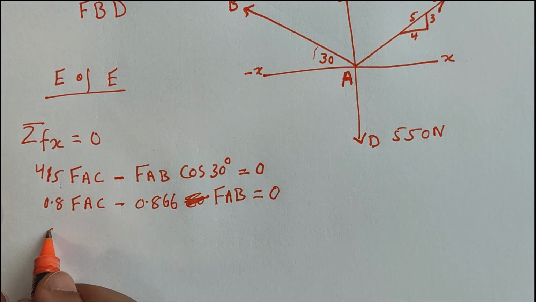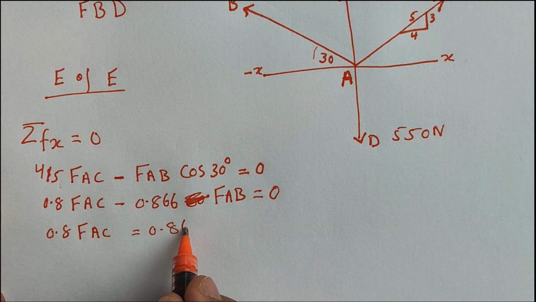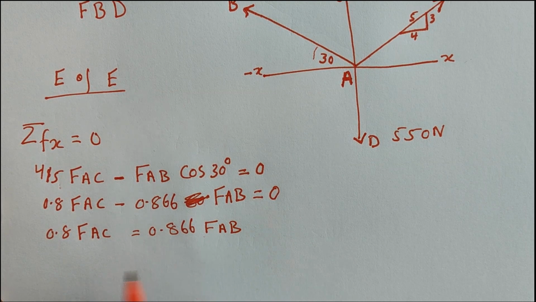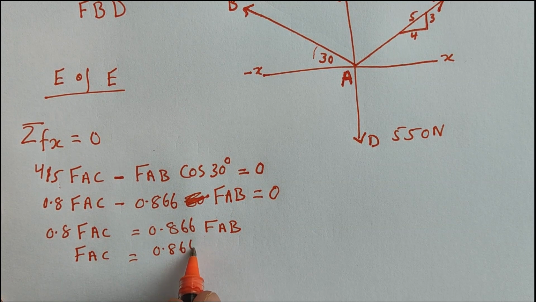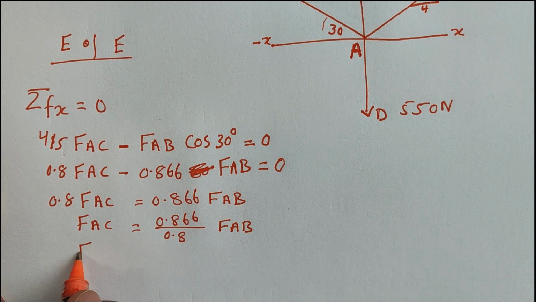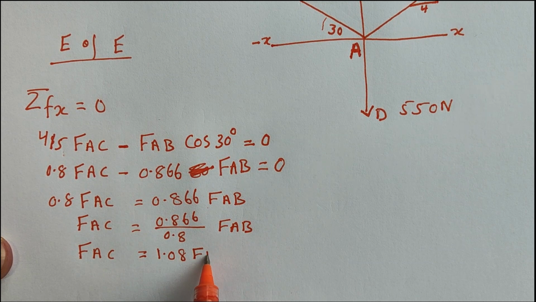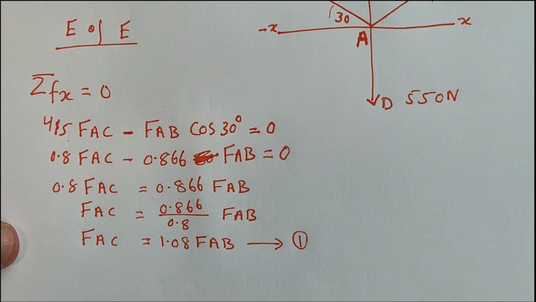Solving for FAC, FAC equals 0.866 divided by 0.8 FAB. Therefore FAC equals 1.08 FAB. Number this as equation number 1.